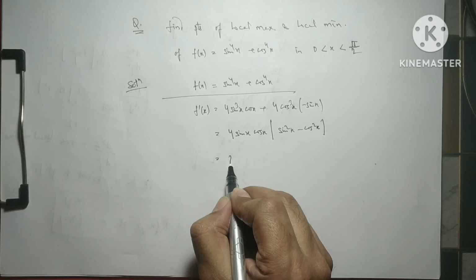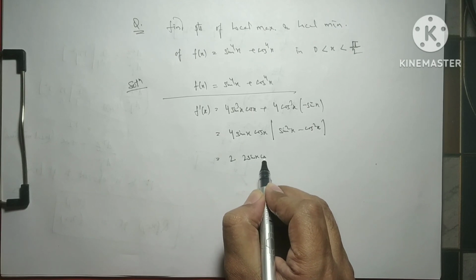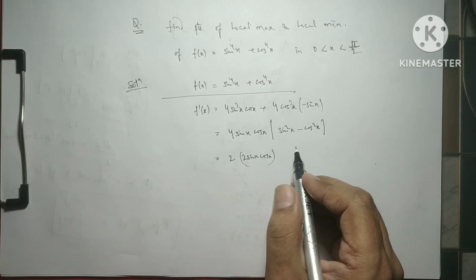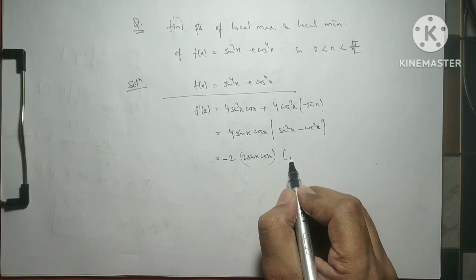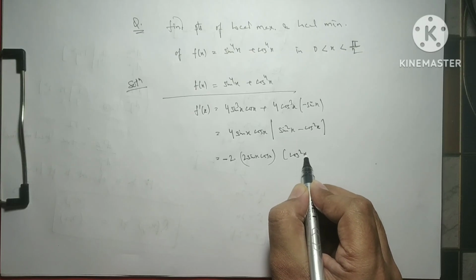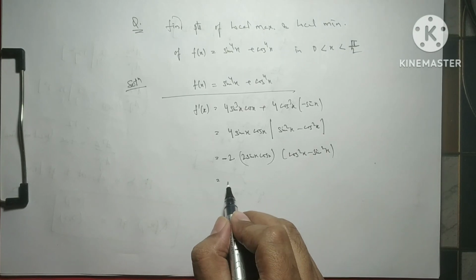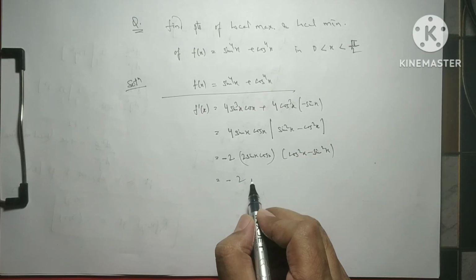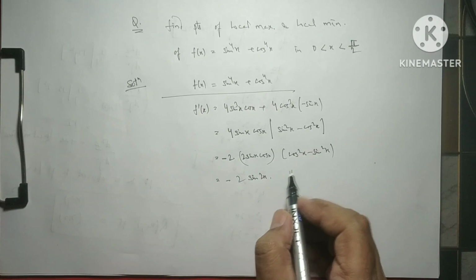So 2 into 2 sin x cos x, and on taking common negative sign, this becomes cos square x minus sin square x. So this is the formula of sin 2x, and this is the formula of cos 2x.